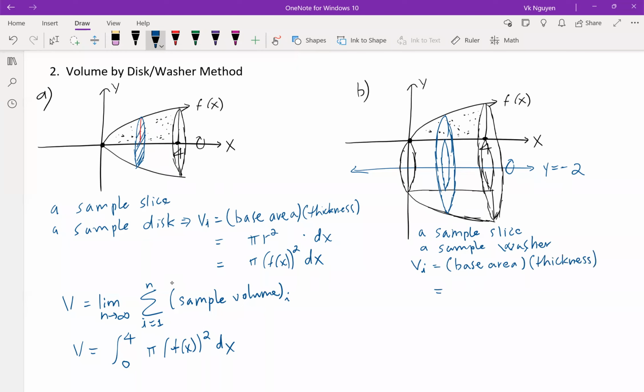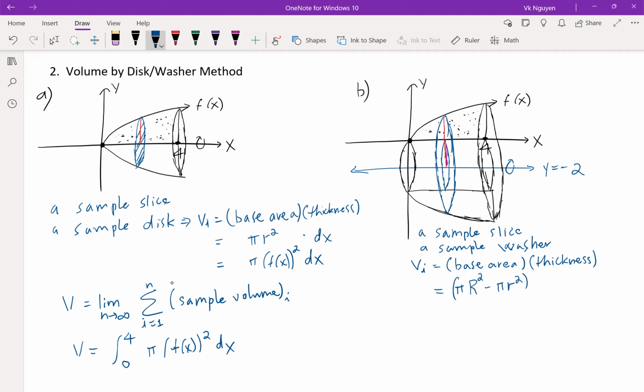The base area, you have to be a little careful here. It would be the area of the bigger disk, which has an area of pi R squared, and the area of the smaller disk, which has an area of pi the smaller r squared.